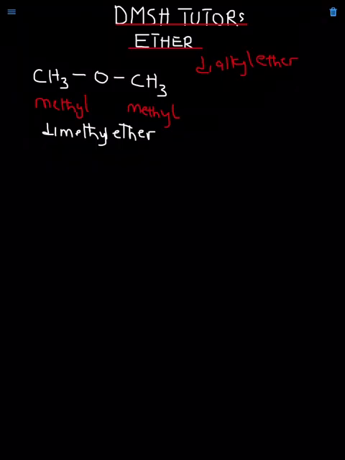Some people don't even put the di, they just say methyl ether, since you cannot have an ether structure without the two methyls there. So dimethyl ether is the name of the compound. Alright, so we can check some other examples as well. Let's try some examples on this.